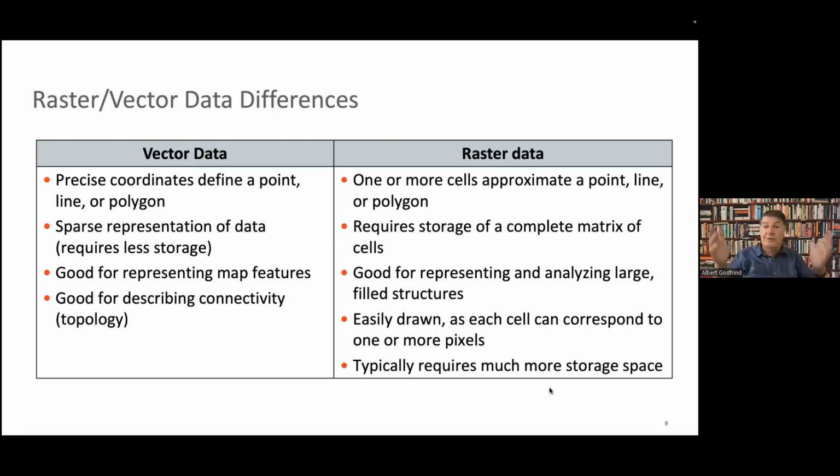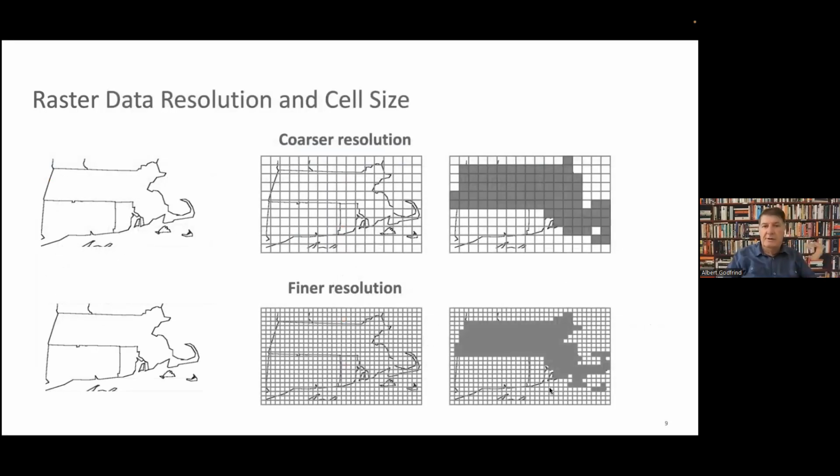Rasters are easy to draw because they essentially are a picture in a way. All you need is to make sure that each cell with its value becomes a pixel with a certain color. And so imagery is an example of raster, and typically requires much more storage space. So again, like I said, resolution is important here, coarse or fine. Depending on what we talk about, I can show you some rasters where the resolution is really, really coarse, maybe 10 square kilometers per pixel.